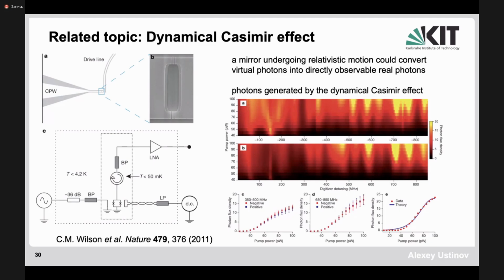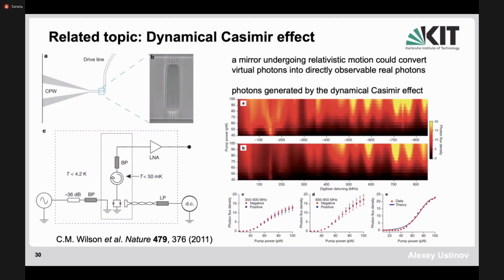And if you have two mirrors, then you can have the Casimir force, which will attract the mirrors together for the reason that you have only a limited number of modes between the mirrors and all possible modes outside. So this is due to the light pressure, and it is something very interesting that was discussed in different contexts also in quantum optics.